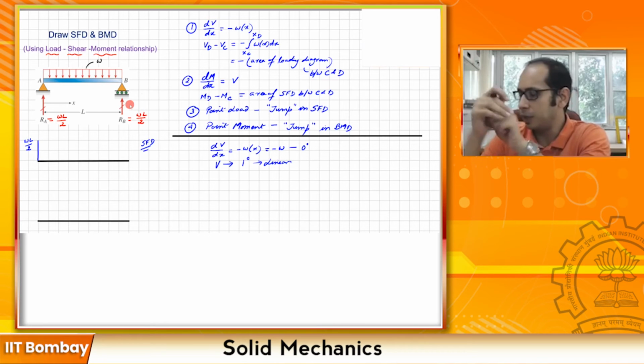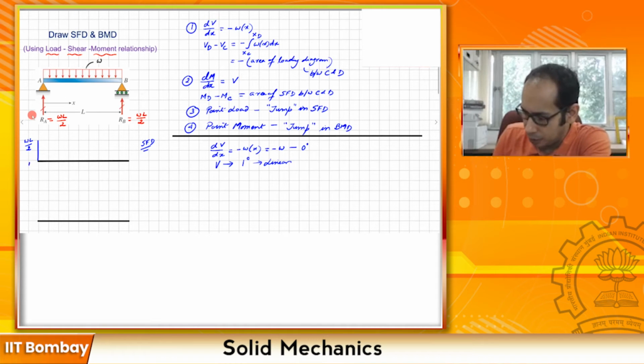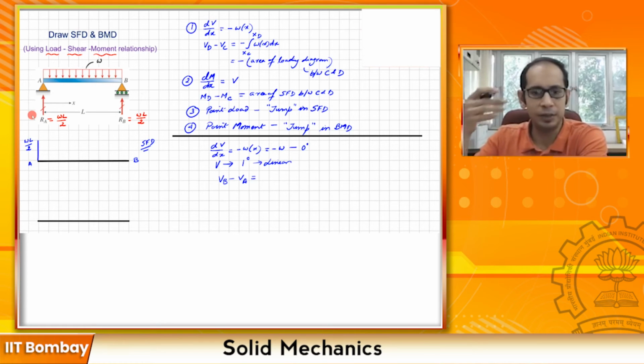Okay. Now let's look at the second relationship over here, that is Vd minus Vc is the negative of the area of the loading diagram. So at this left end, we have 2 points over here. Let's just mark this. This is my point A and this is my point B. So how can I write Vb minus Va? B is again the point to the right of A, similar to D, which was to the right of C over here.